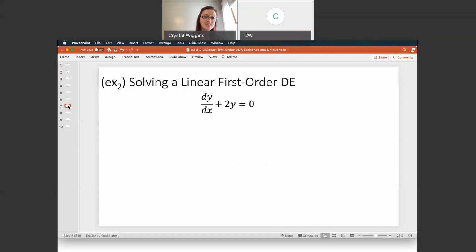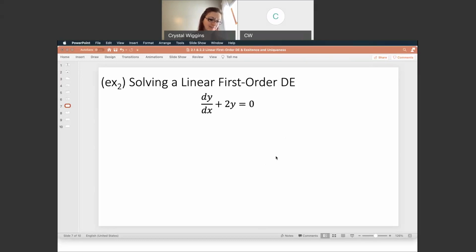So our first example for solving is the differential equation dy dx plus 2y equals 0. Let me get my pen ready. Here we go. So the first thing that I want to do is double check that it's in standard form and that it's linear. So it is in standard form and the y is raised to the first power, so it's in standard form and it's linear.